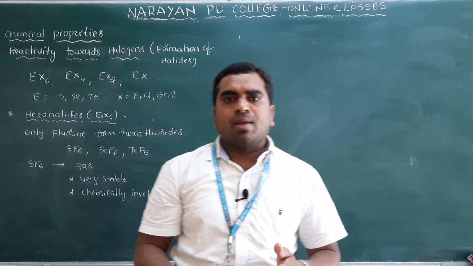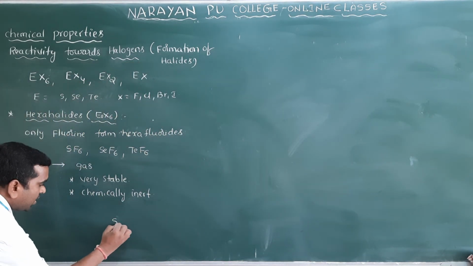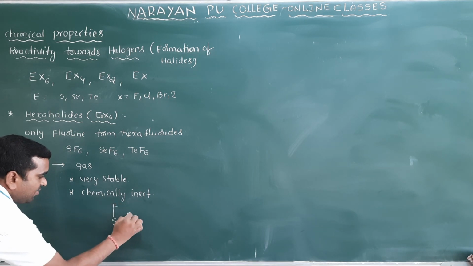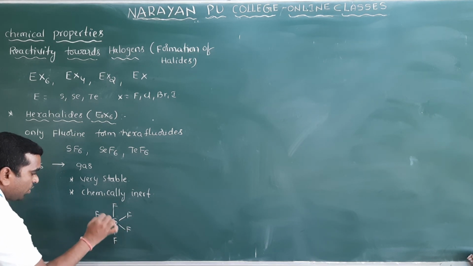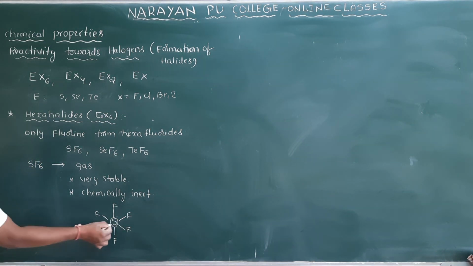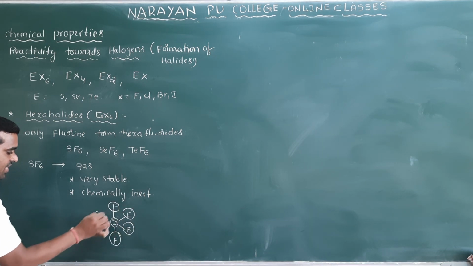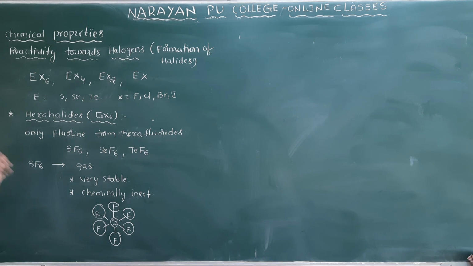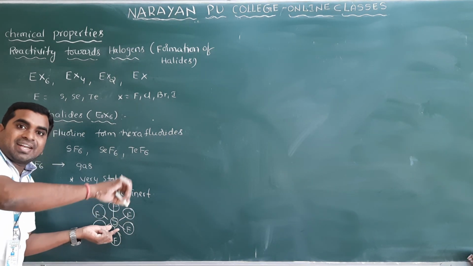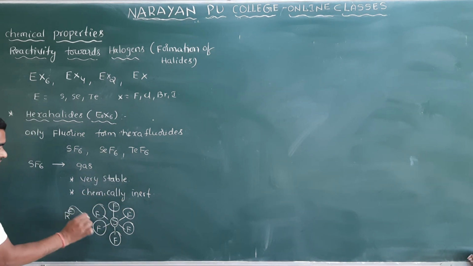Suppose I write sulfur here, and fluorine, and there will be a fluorine here. 6 fluorine atoms are there, sulfur being small in size, and they protect the sulfur from attack by other reagents.